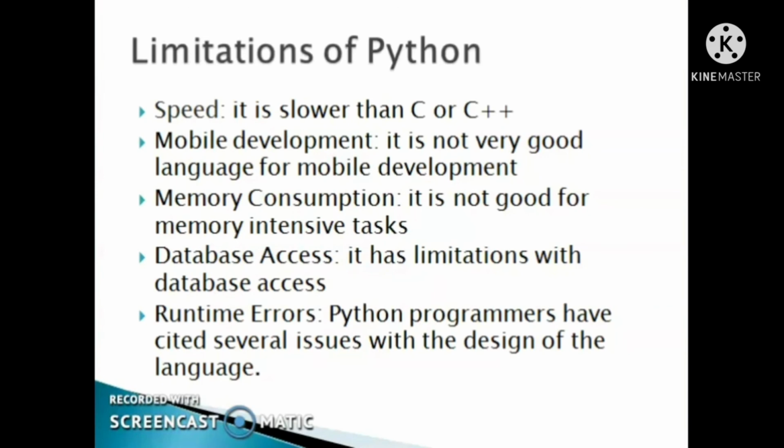It cannot be applied in enterprises that need smooth interaction of complex legacy data. Next, runtime errors. Python programmers have cited several issues with the design of the language. Because the language is dynamically typed, it requires more testing and has errors that only show up at runtime.